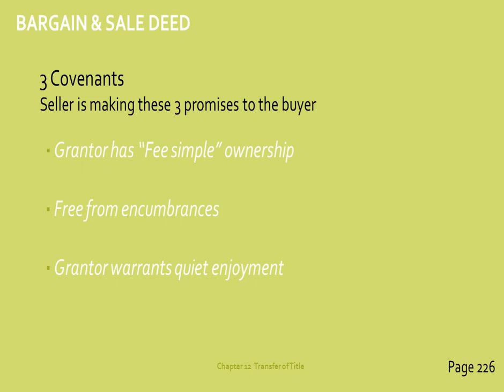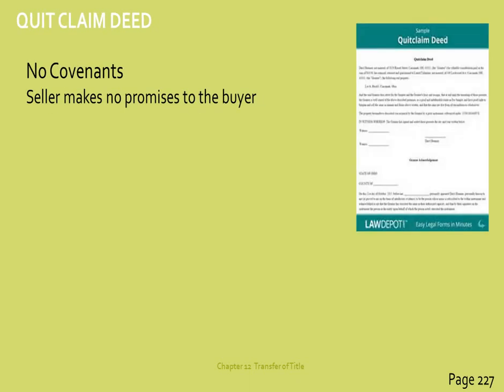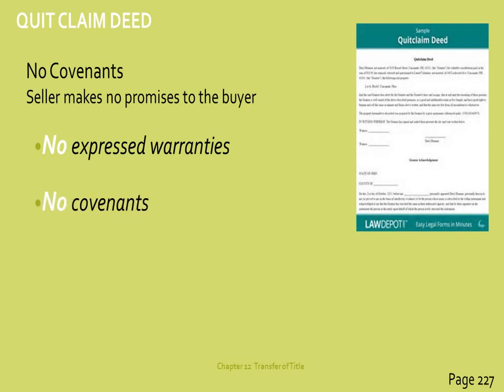And with a quitclaim deed, there are no promises. No promises, no covenants, no warranties, no protection. So the deed with the greatest protection for the buyer is the warranty deed. The deed with the least protection for the buyer is a quitclaim deed.